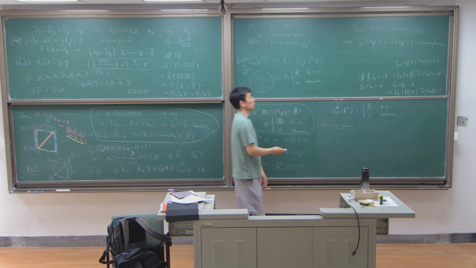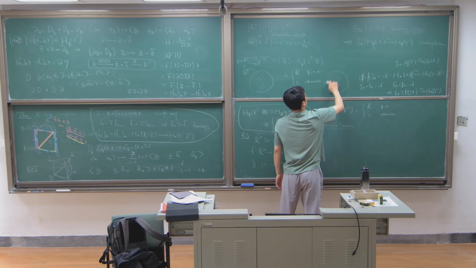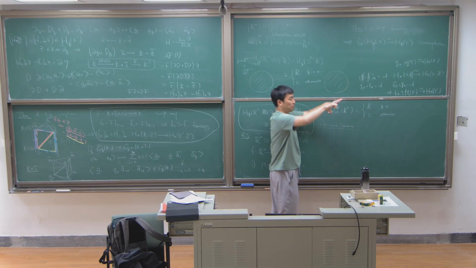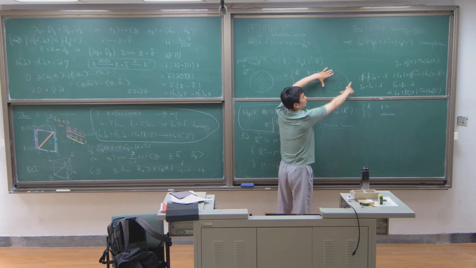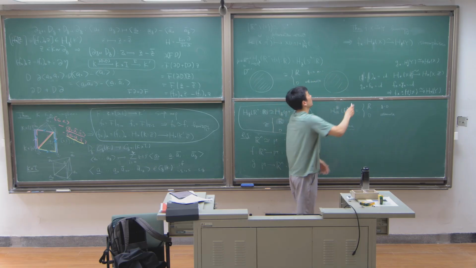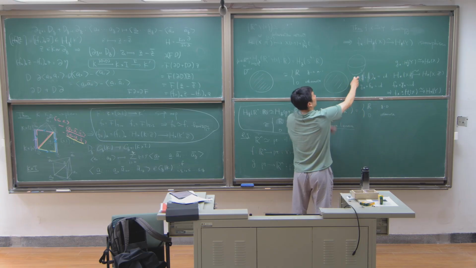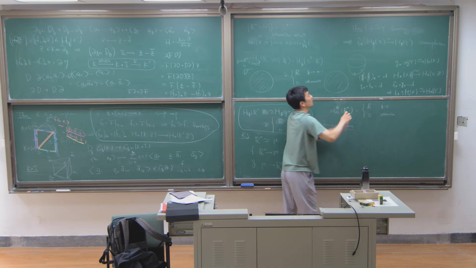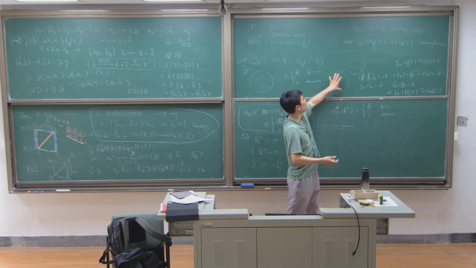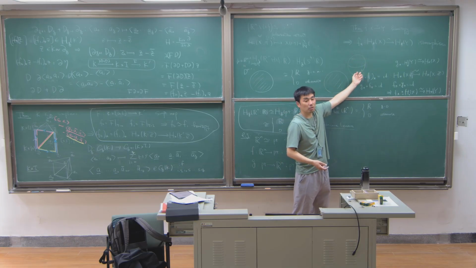So for instance, S2. S2 is just a disk, and if you put all the boundary to a point, it's called one point compactification. You get S2, with all the boundary going to, like, the south pole. Then the disk covers the entire sphere except the south pole.